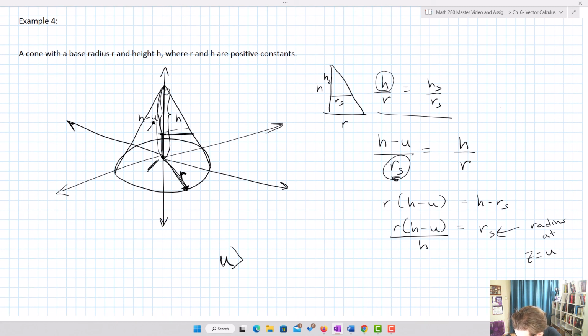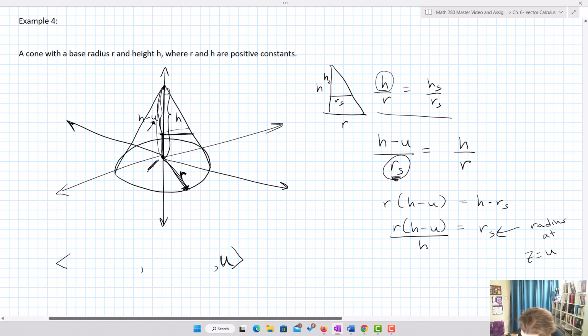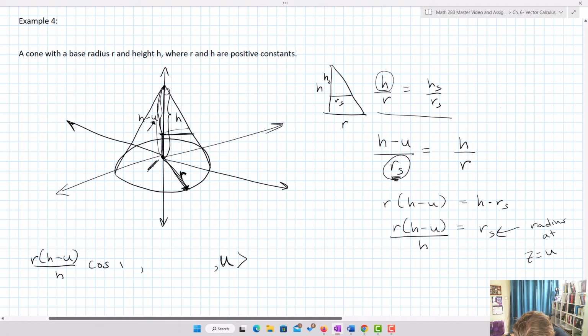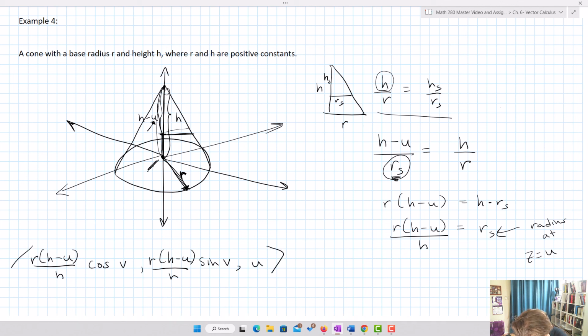Okay, so now I can actually plug that into my parametrization. Remember that for my cone, I'm going to have U as my Z, and I'll have, in this case, R, H minus U over H, cosine V, and then R, H minus U over H, sine V, and then U. And that's my parametrization.